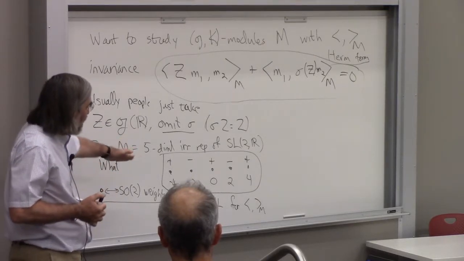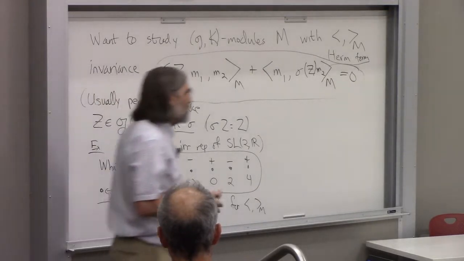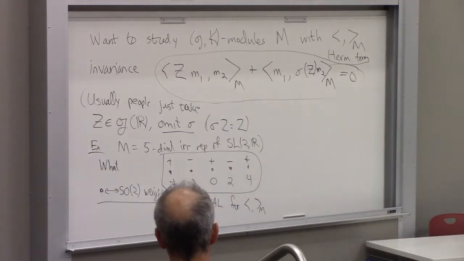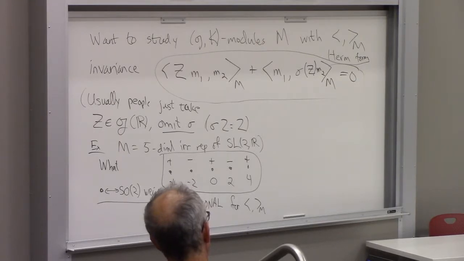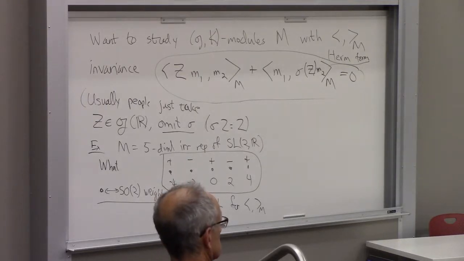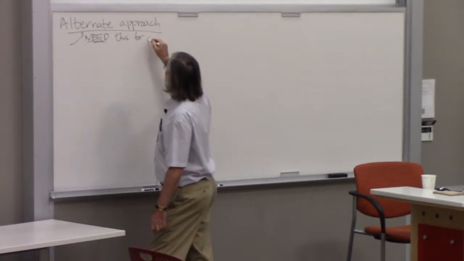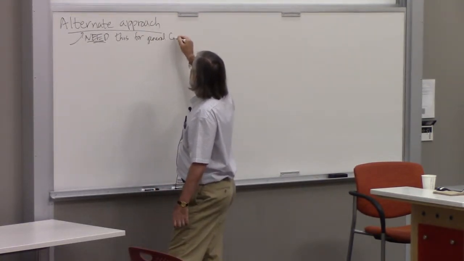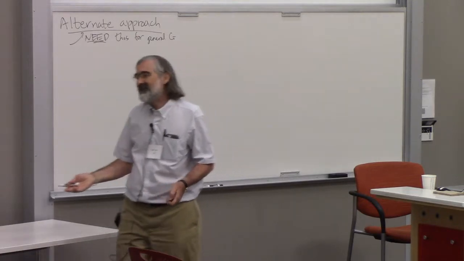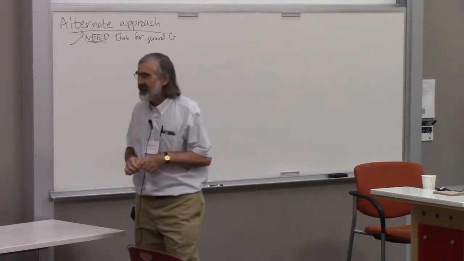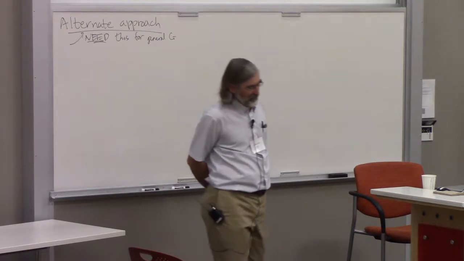I want to look at this in a different way. So here's an alternate approach, and we need this for general G. I mean, I did a lot of hand waving about a number of things in the case of SL2.